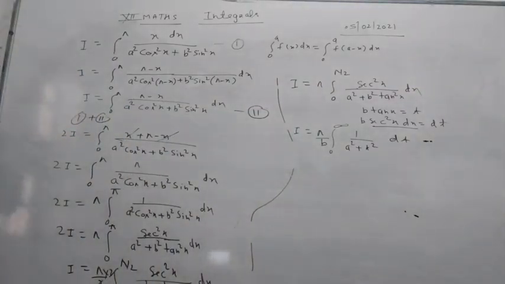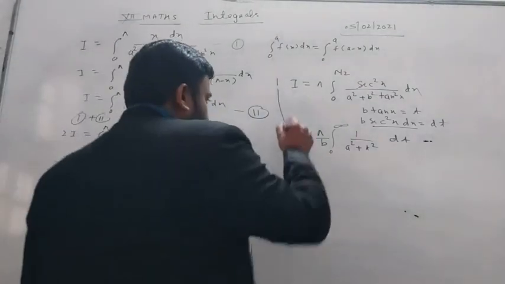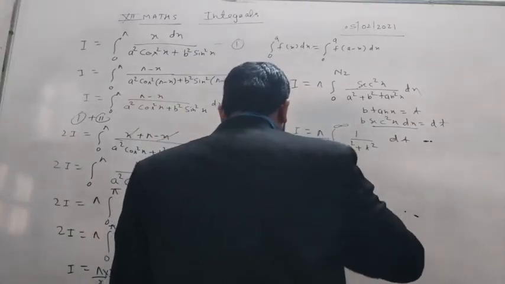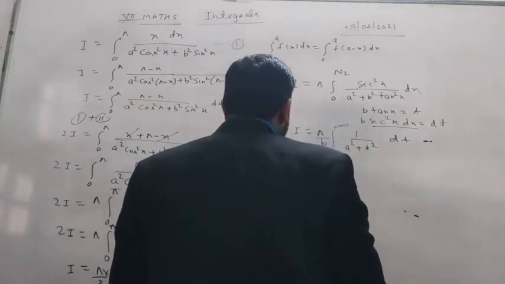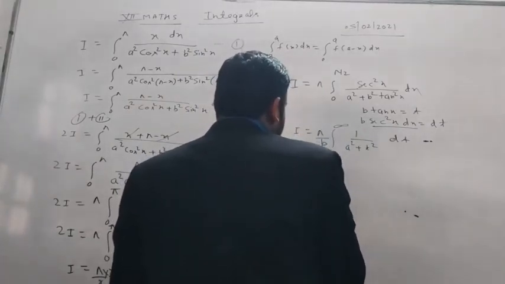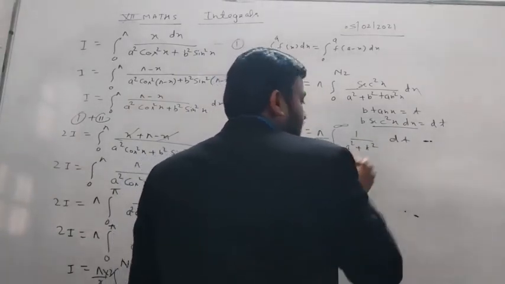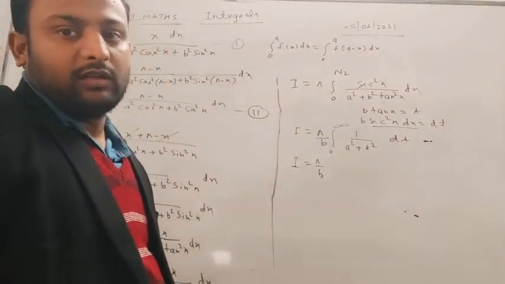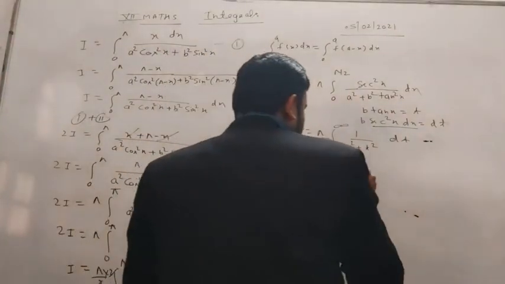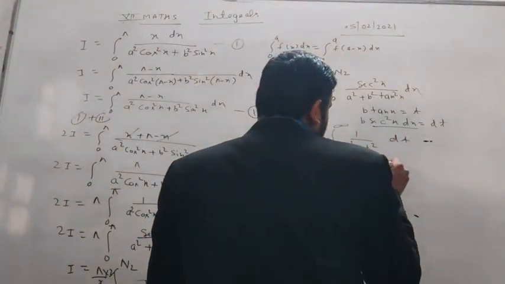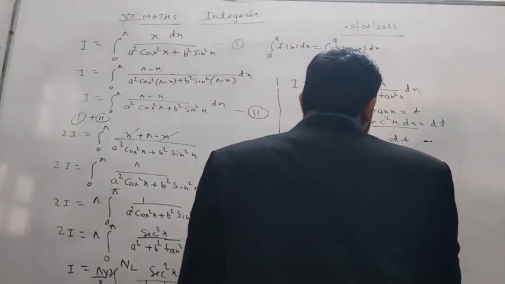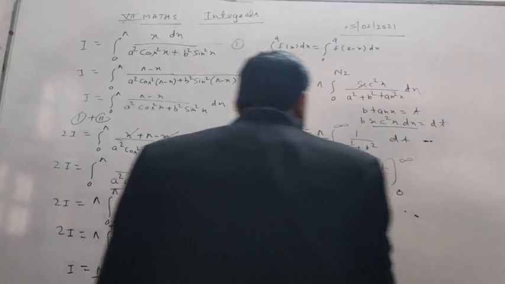Now students, you know the integral of this, we know very clearly that the integral of 1 by a square plus x square is 1 by a tan inverse x by a. So I is equal to pi by b, and this is 1 by a tan inverse t by a, and then the limit is 0 to infinity. Okay.